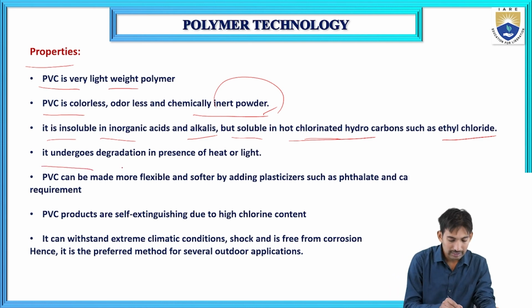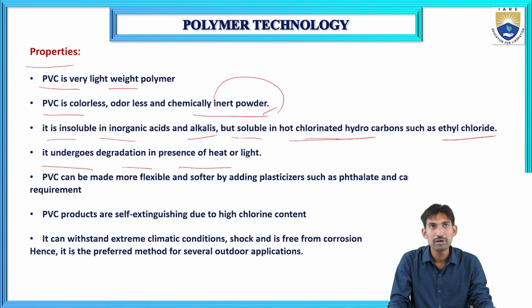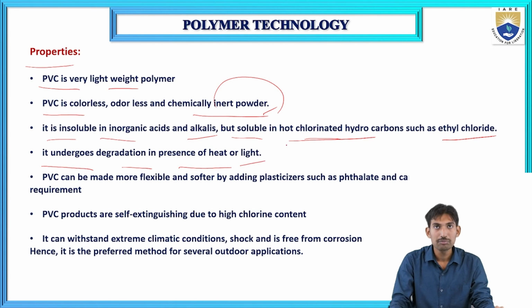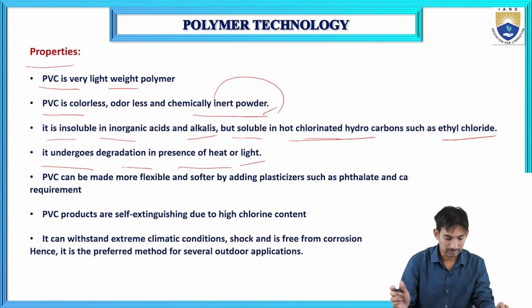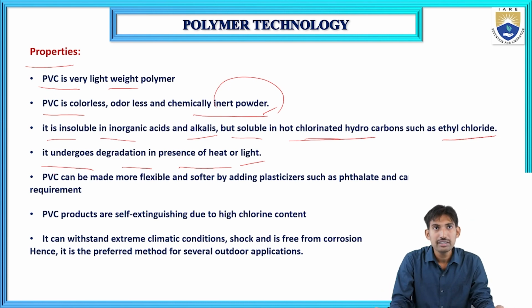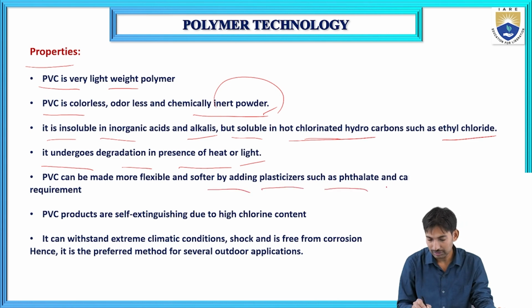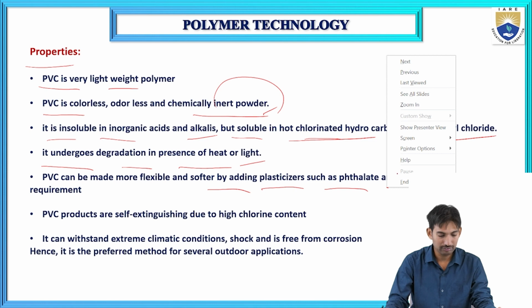It undergoes degradation in presence of heat or light. The polyvinyl chloride can be made more flexible and softer by adding plasticizers such as phthalate, and can be bent as per requirement.